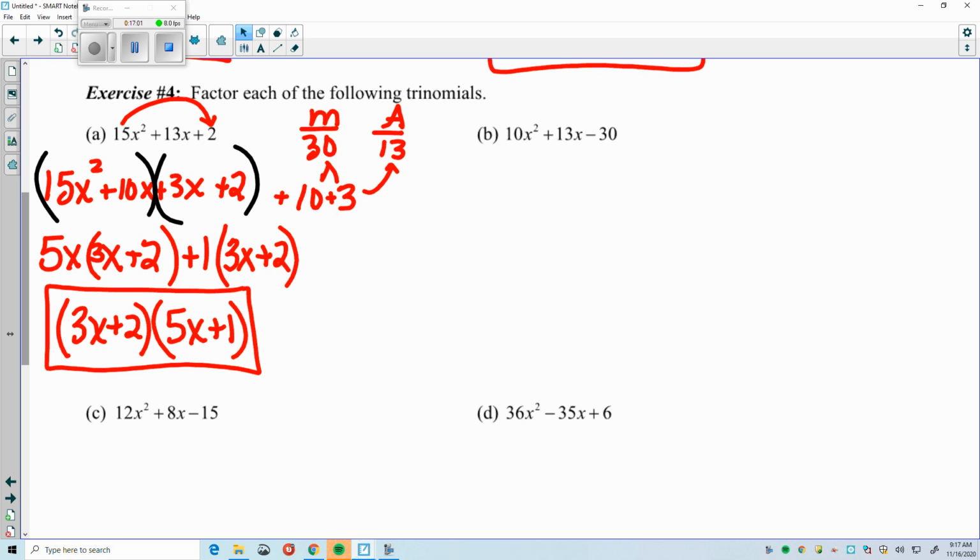We're going to try this next one over here. So same idea. Has to multiply to be, get a big number here, negative 300. And it has to add to be a positive 13. And this may take a little bit of work.